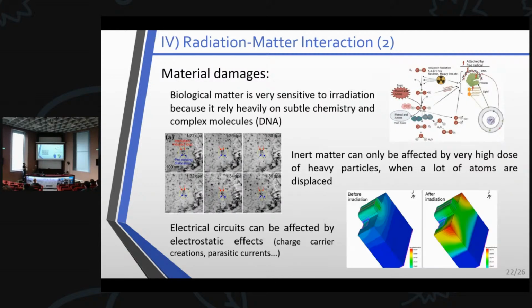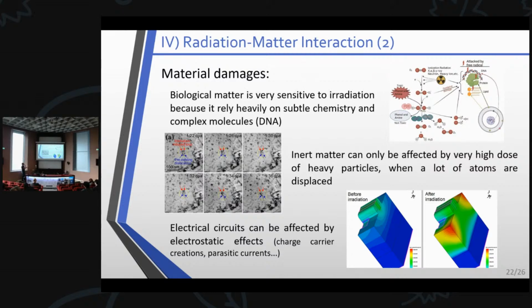So, as I said before, biological matter is very sensitive to irradiation. That's why there are 2 different topics. In fact, we are based on complex chemistry, complex molecules, and as soon as you begin to break these molecules, you can have some troubles. Hopefully we have a lot of repair processes, but we are quite sensitive to radioactivity, to ionizing radiation.